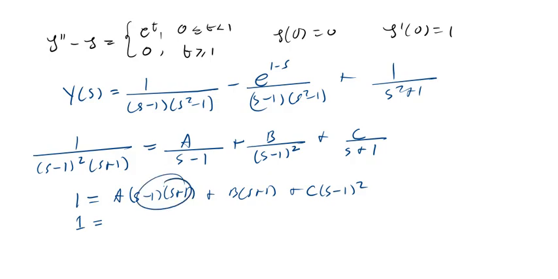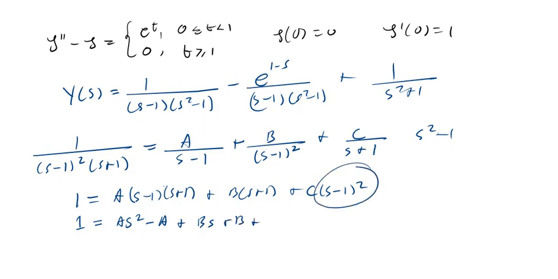For this part, that would be as squared minus a, plus bs plus b, plus this part, when you expand, it will be c times s squared minus 2cs plus c, like that.